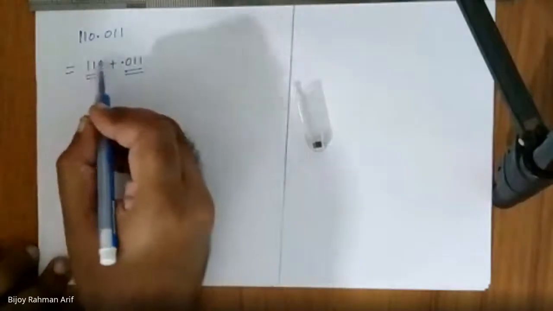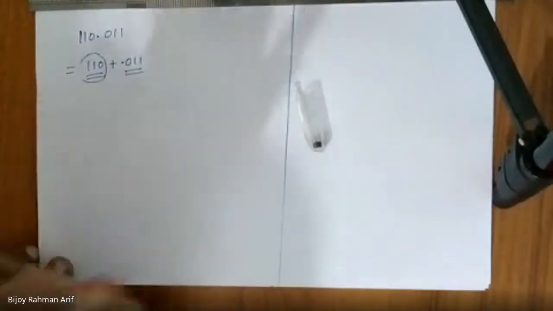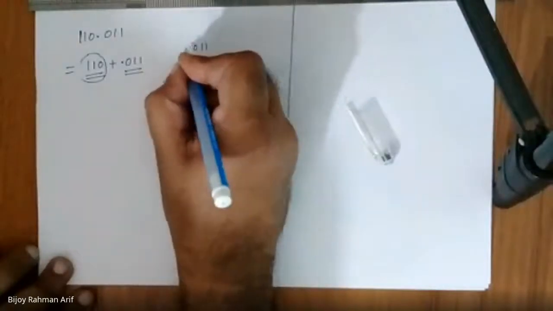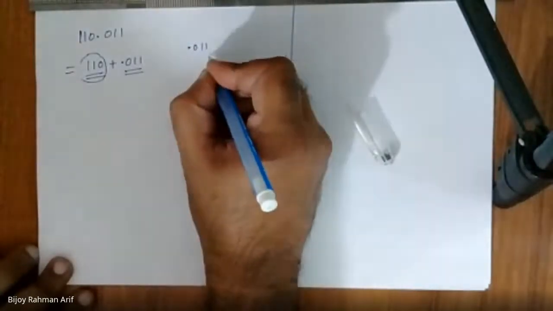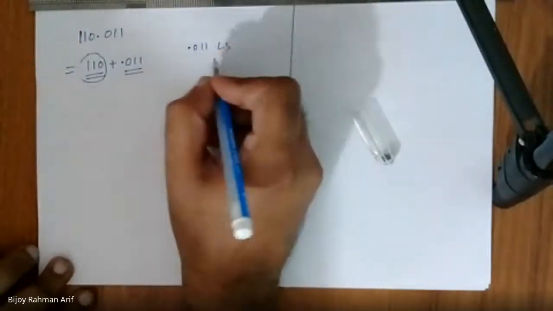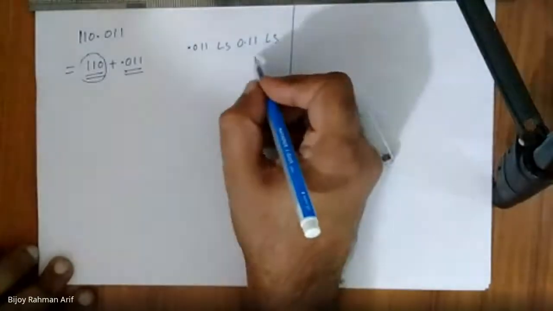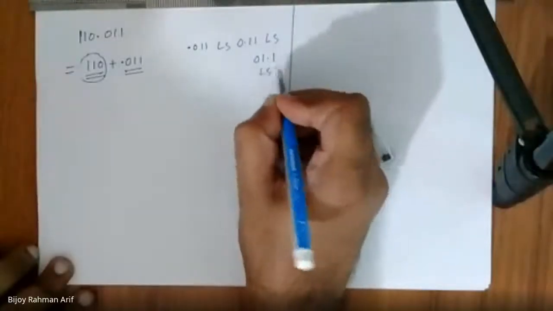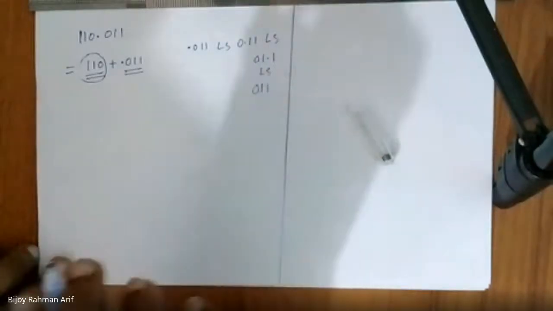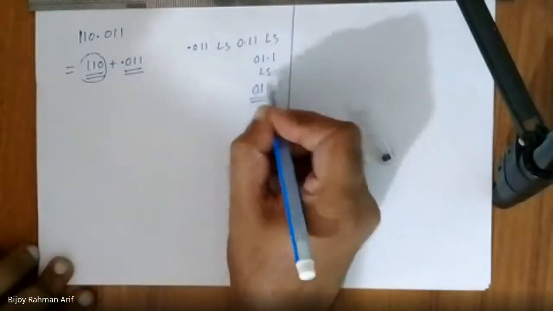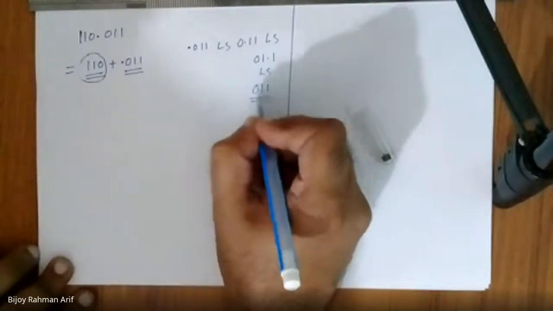Now this one is very simple. We have already seen the SDT. Now 0.011. If we left shift once, then what would be the number? 0.11. If we left shift again, what would be the number? 1.1. If we left shift again, what would be the number? 11. Now, is there any decimal point here?